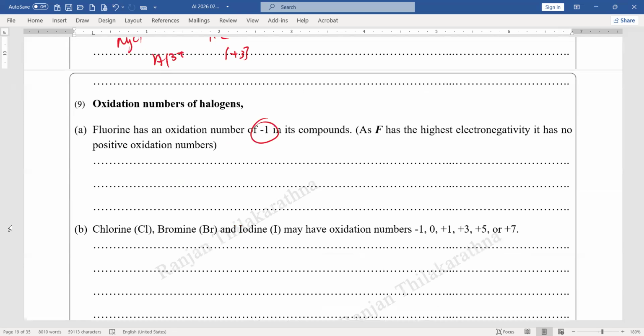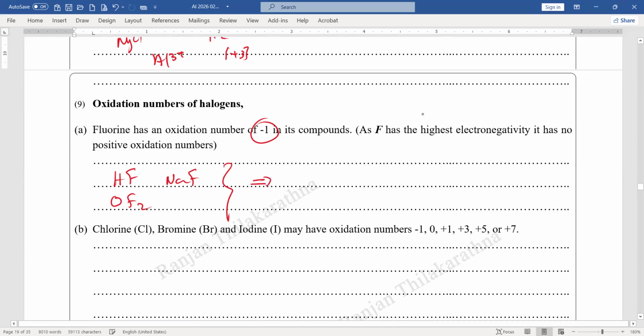Electronegativity is the relative ability to attract bond electrons. As fluorine is the most electronegative, no other element can take an electron from it, so it is always -1. So fluorine, maybe in HF, maybe in OF2, maybe in NaF, no matter where it is, the oxidation state of fluorine is -1.